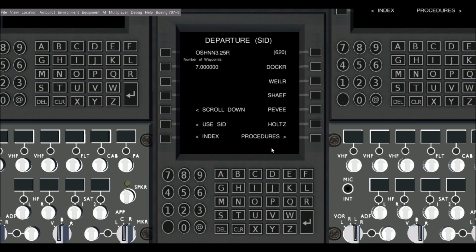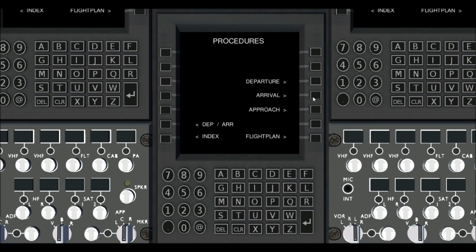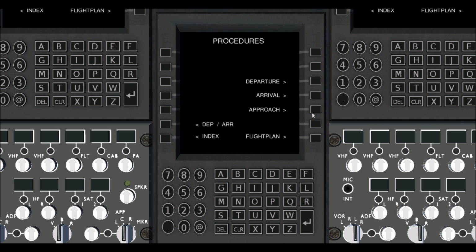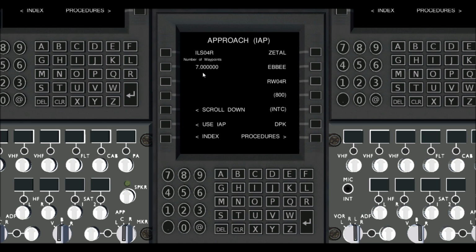Now close the route manager, go to procedures again, arrival. We want the Lendy 6 arrival. In case you haven't noticed already, the procedures are listed in alphabetical order to make things easy. So you click Use STAR, and you go to procedures again, approach. The first one is the ILS, that's the one I want. And so we got some fixes that lead to the runway.